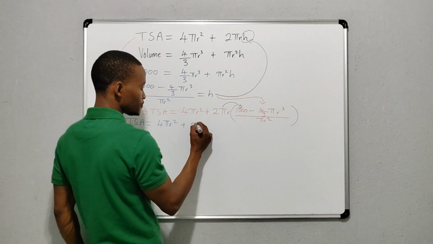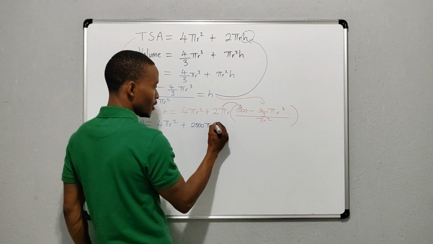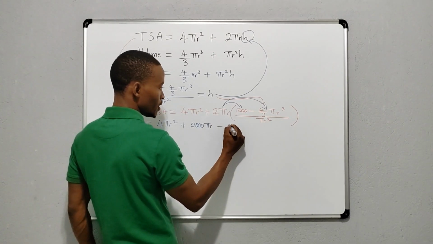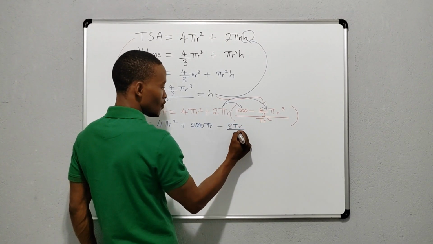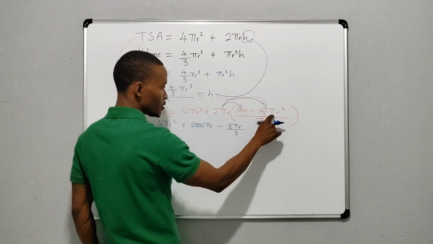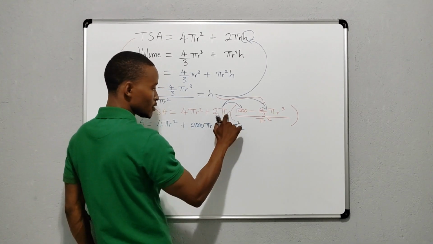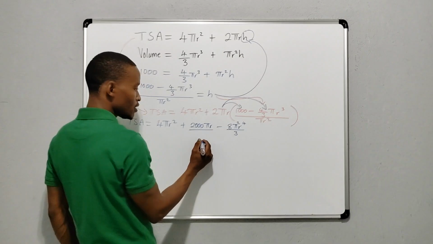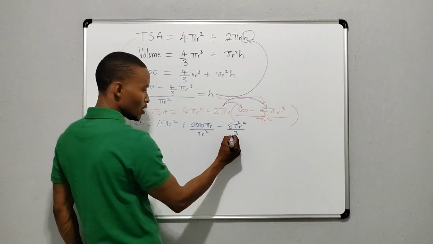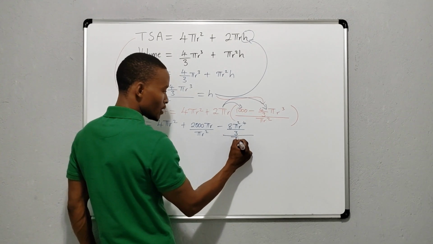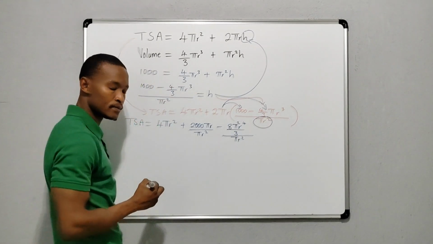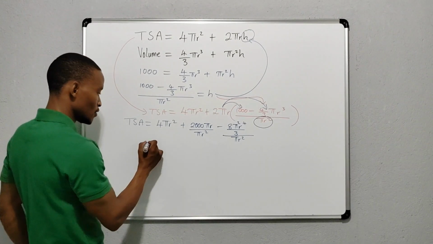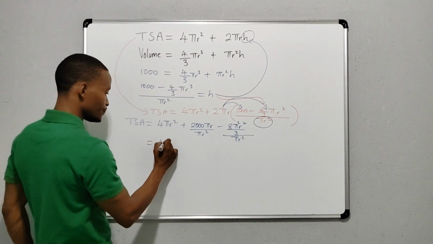What will we have? 2,000 pi r, minus, we distribute into the second term there. That will be 8 pi r over 3, but pi times pi gives you pi squared, and r times r cubed gives you r to the power of 4. That is over pi r squared, and that is also over pi r squared from there.